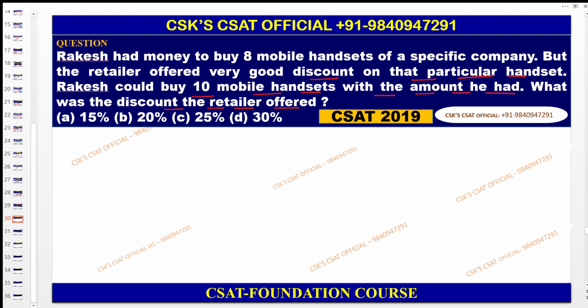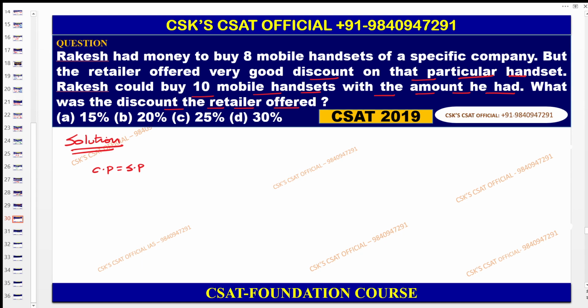Cost price and selling price here are the same, right? Even the profit and loss concept applies here. Everyone understood? Cost price is equal to selling price here. This is the first data you need to take.